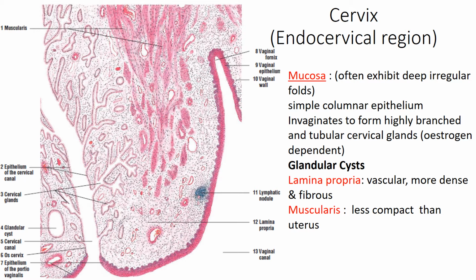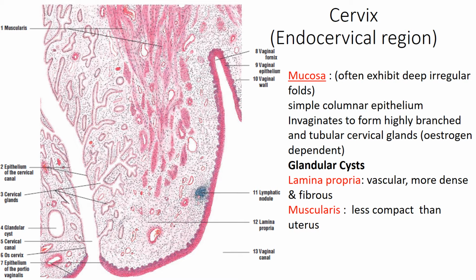So this portion doesn't exhibit these changes, except for the glandular portion. This glandular portion is estrogen dependent, and under the influence of estrogen, they start secreting mucus.